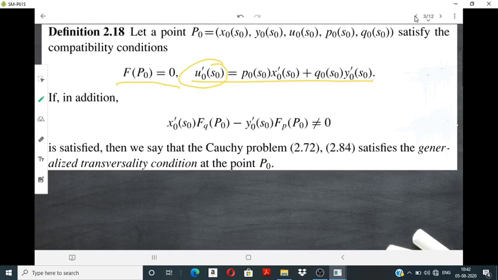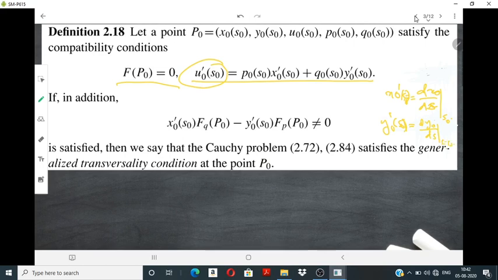And in addition, x0'(s0) is dx0/ds at s = s0, and similarly y0'(s0) stands for dy0/ds at s = s0.